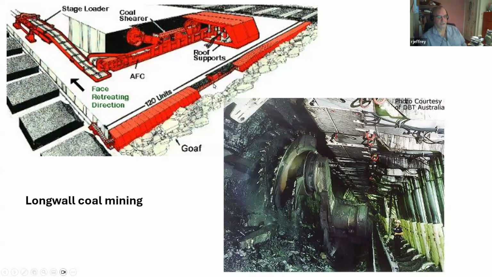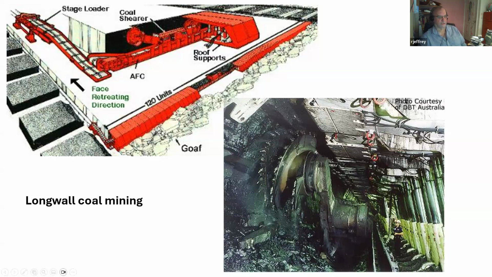graphically in the center portion to expose the shearer operating across the face, taking slices of the coal seam about 1 meter at a time as it traverses back and forth across the longwall panel, which can be more than 300 meters in width. And entry to this longwall face is obtained through roadways driven on either side of the panel.